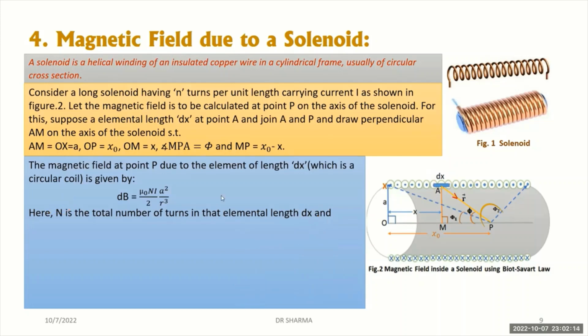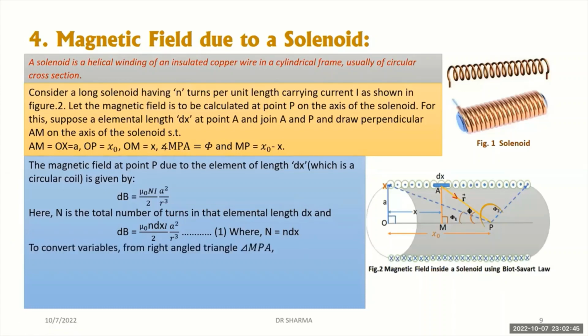So the above equation is converted to this one: dB is equal to mu naught n dx I a square upon 2 r cube. Just capital N is replaced by small n dx. Now we will convert the variables using the geometry of the figure. Check the right angle triangle MPA.